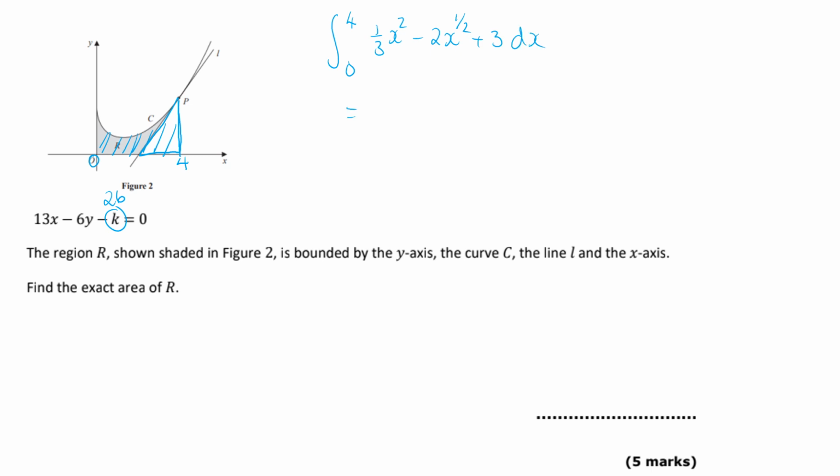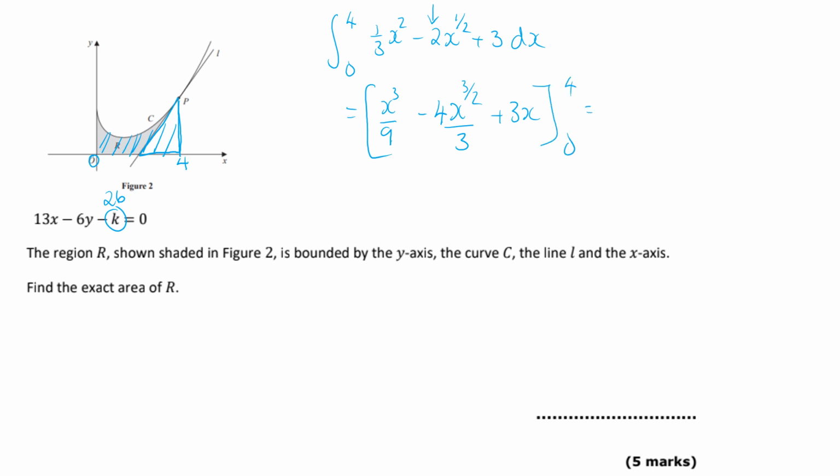So integrating, you're going to get x cubed over 9 minus 2x to the 3 over 2 divided by 3 over 2, and then the 2 on the front will times with this 2 and make 4, plus 3x, and that's between 0 and 4.